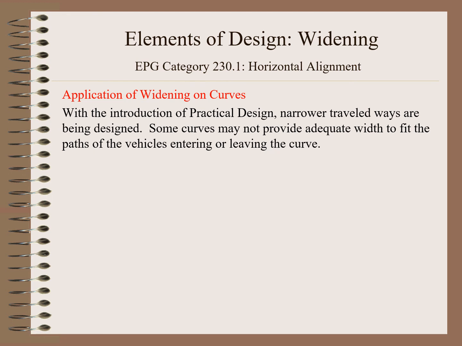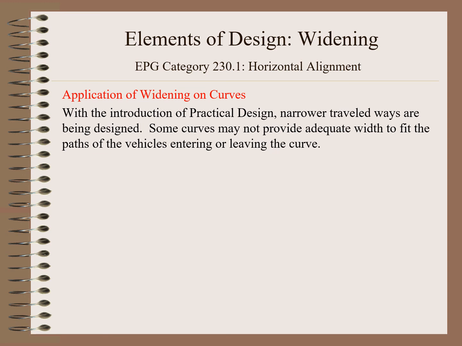Application of widening on curves. Basically, on the tables that show superelevation, you will also see a number for W, which is the widening that you need to add to the travelway, and usually we do add any widening on the inside of the curve, but we only do that when the lane width is narrower than the standard width as suggested per the guidelines.